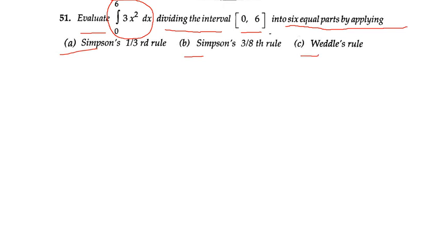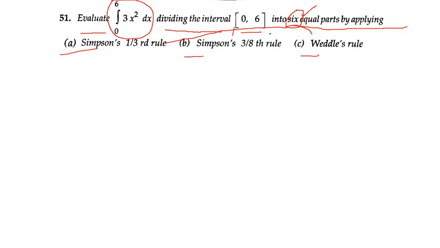So what is n here? n is 6 because we are dividing it into 6 equal parts. So this n is a multiple of 6. As I said, when n is a multiple of 6, you can apply any of the three methods. So that's why they are asking to solve this problem using all three.